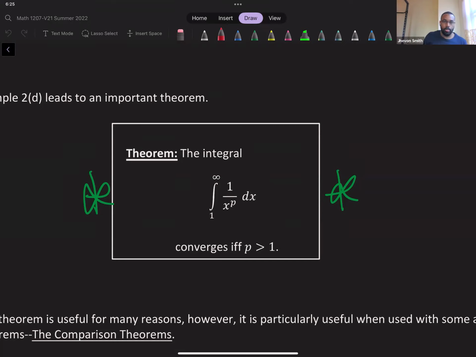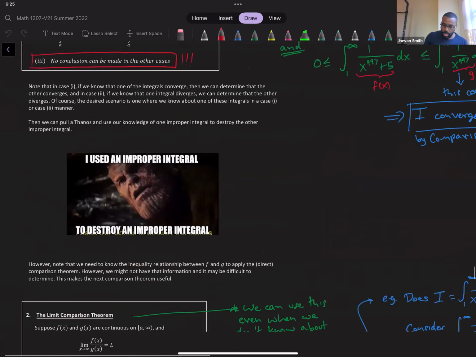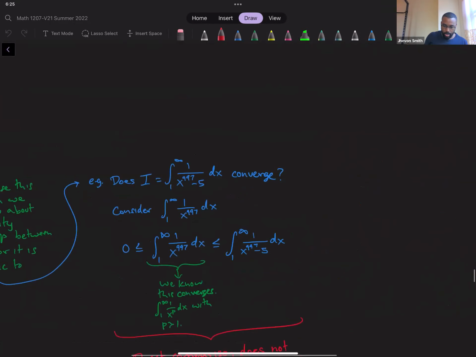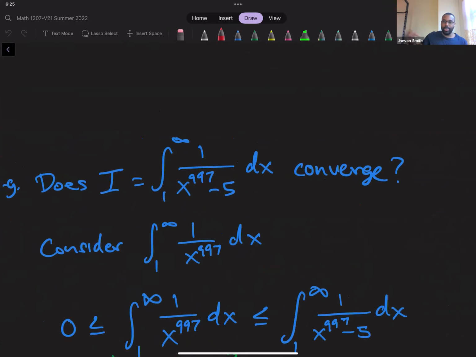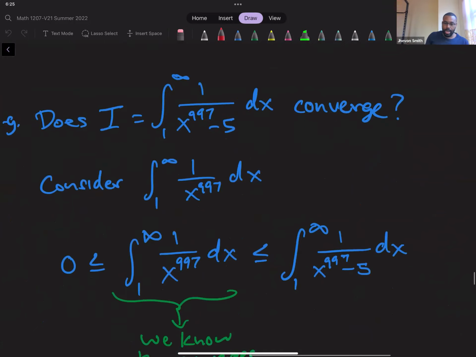So this is actually a very important theorem because you can use this to compare to a lot of other integrals. And we actually used that to help us here. So, you know, we used 1 over x to the 997 to compare to 1 over x to the 997 minus 5, where the top one is very difficult to integrate, whereas the bottom one is very easy to integrate. And we have a theorem that tells us it converges.